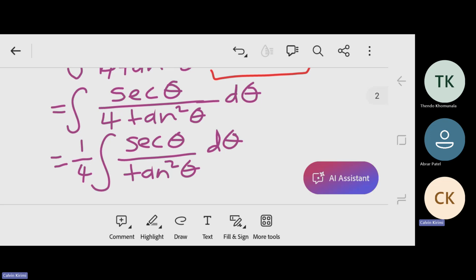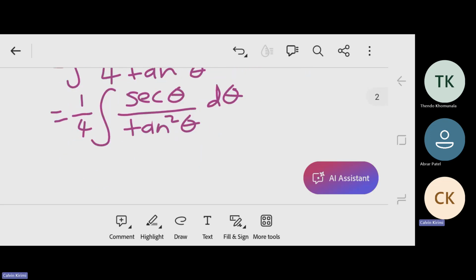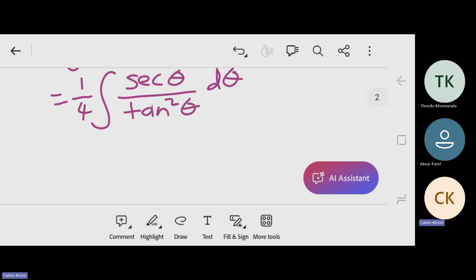Then from there, we want to know what secant theta is and what tan squared theta is. So do the manipulation of secant theta and tan squared theta.